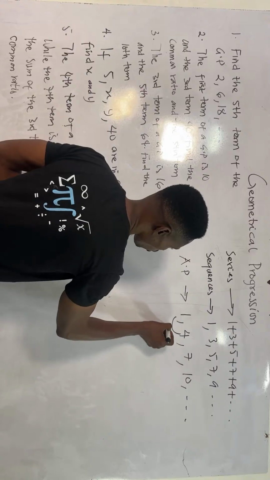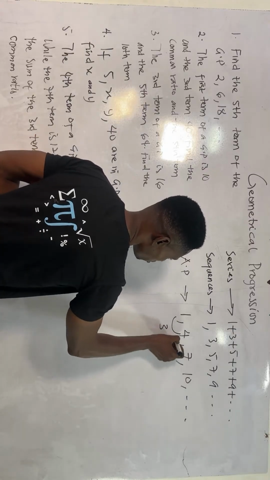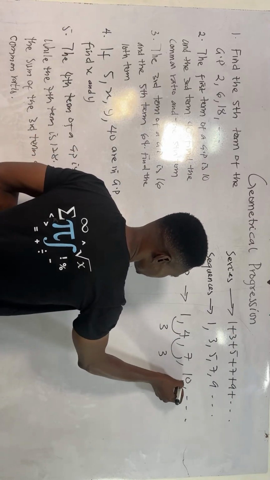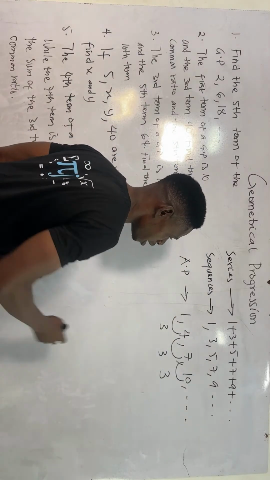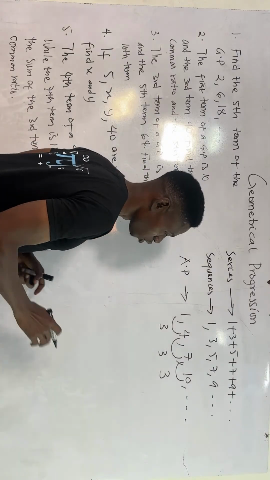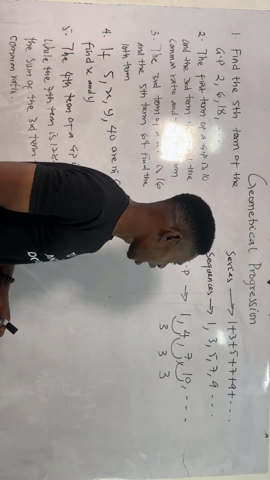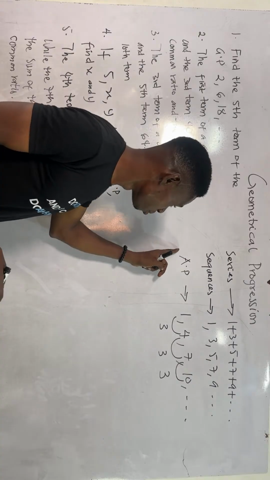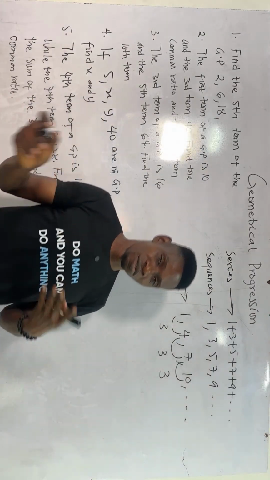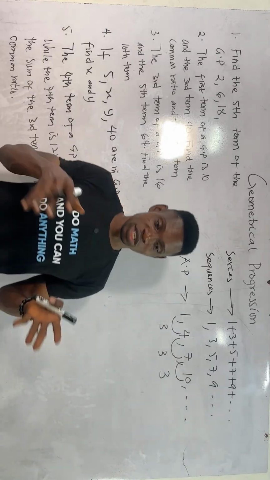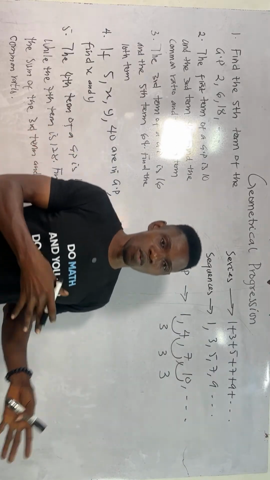Now, 4 minus 1 is 3. 7 minus 4 is 3. 10 minus 7 is 3. So the difference between the consecutive terms is constant, and we call that difference the common difference. We'll say that kind of progression is an arithmetic progression. We went further to do a lot of calculations last week. The video is still on the channel. You can go back and watch.